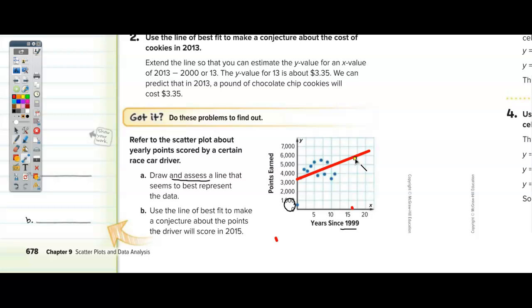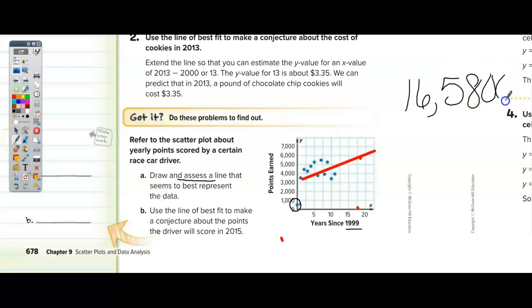So I could say when x is 16, my y is about 5,800. And if yours isn't exactly that, but close to that, that's pretty good. So my conjecture would be that the driver is going to score about 5,800 points.